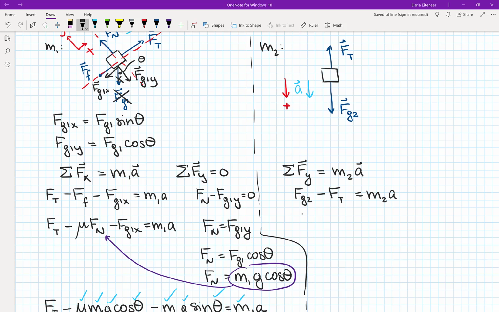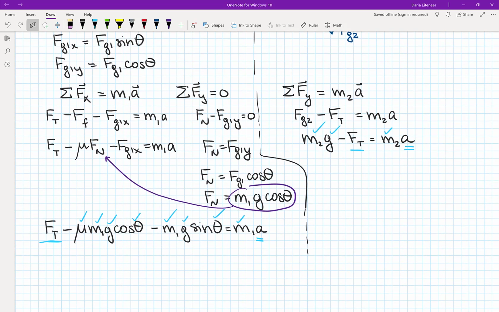And I can write m2g for the force of gravity. Once I do that, obviously again we have our masses and our g. So we have the same two unknowns, force of tension and acceleration. So I'm going to use the same approach as I have used in the past and solve for force of tension.